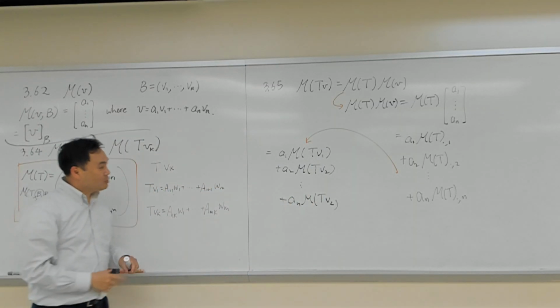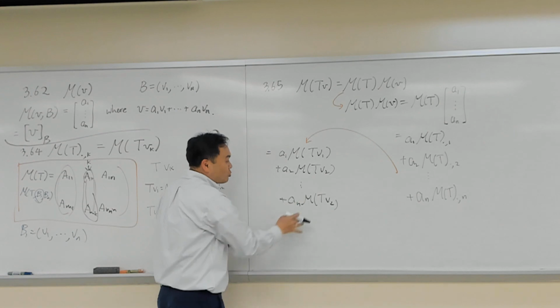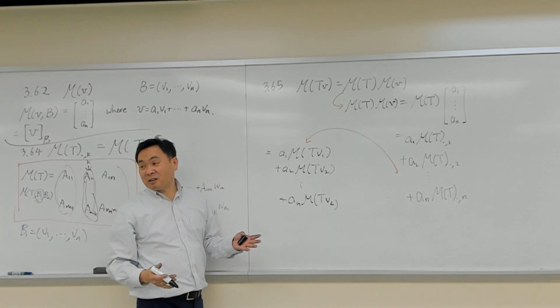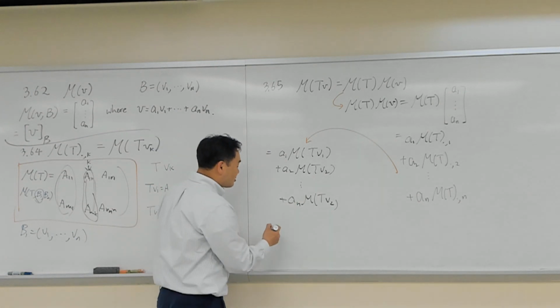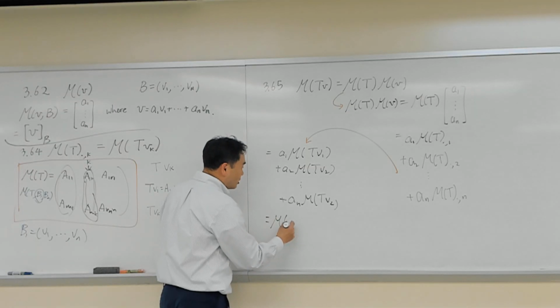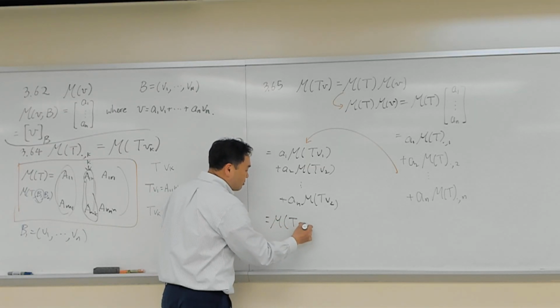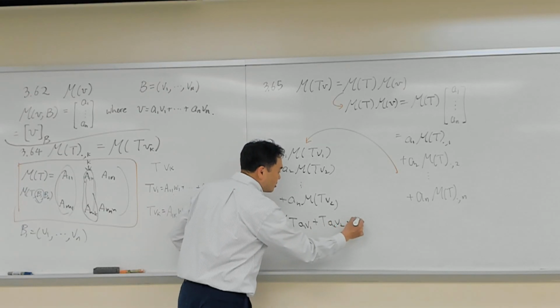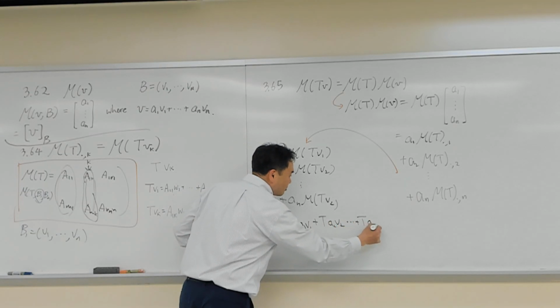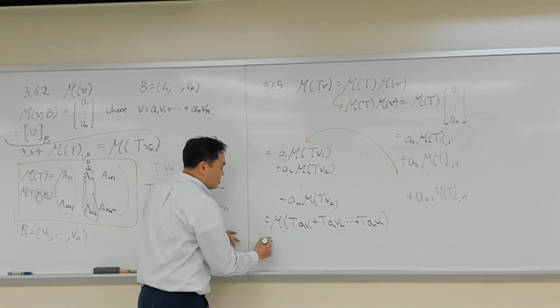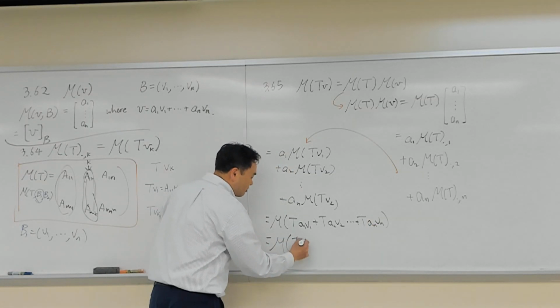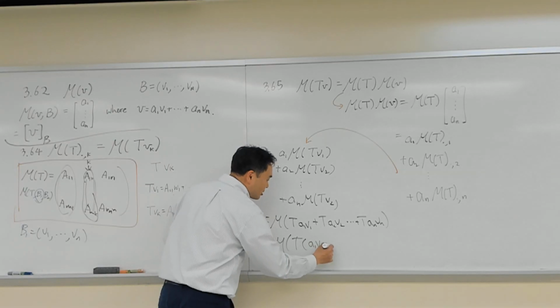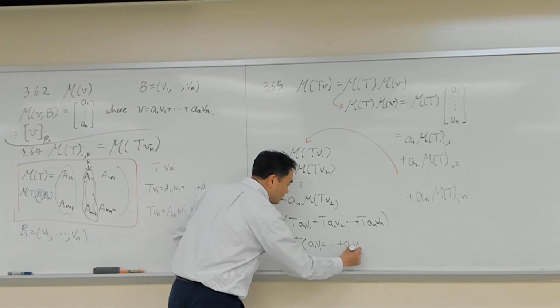But look, we already showed that M is linear, so this is the same as M of T of A1V1 plus T of A2V2 up to T of AnVn, which is M of T of (A1V1 plus up to AnVn).